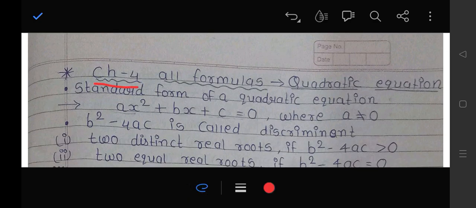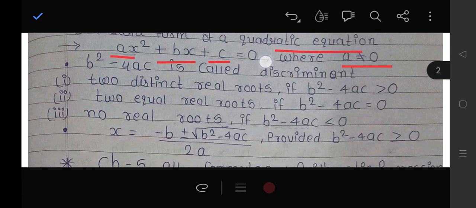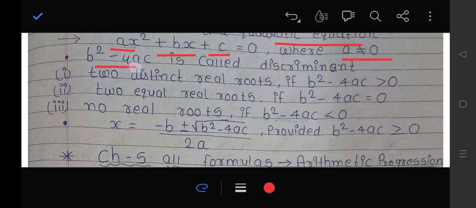Chapter 4. Standard form of a quadratic equation: ax square plus bx plus c is equal to 0, where a is not equal to 0. b square minus 4ac is called the discriminant. Two distinct real roots if b square minus 4ac is greater than 0.